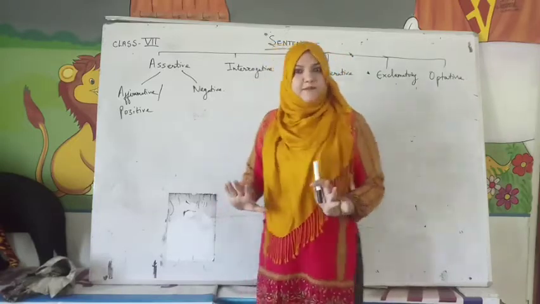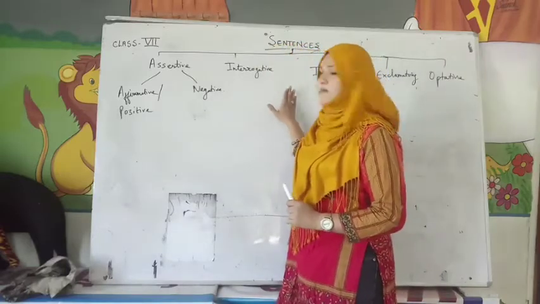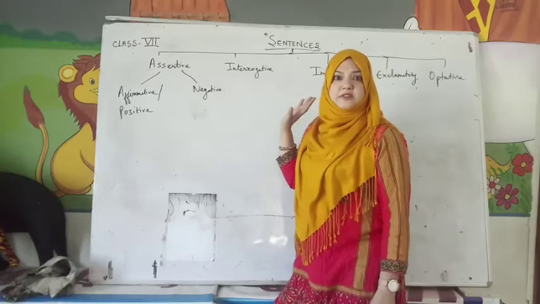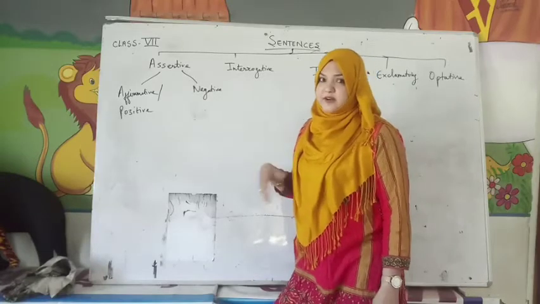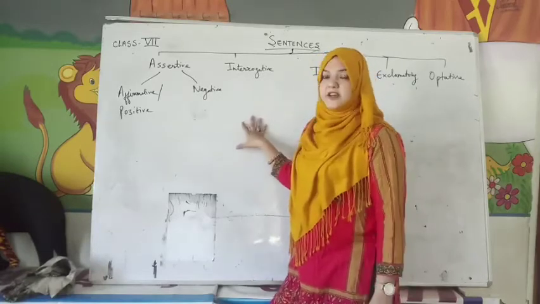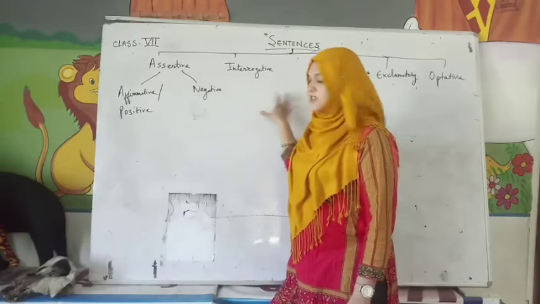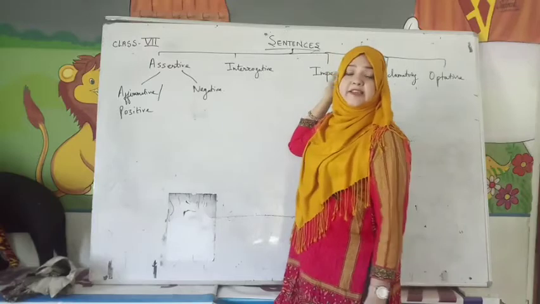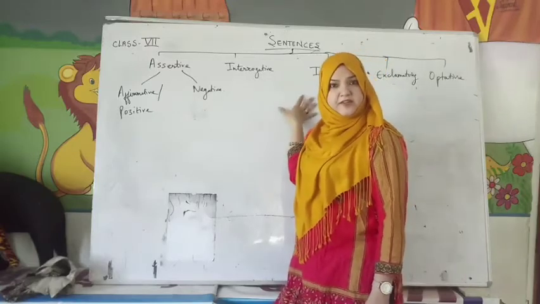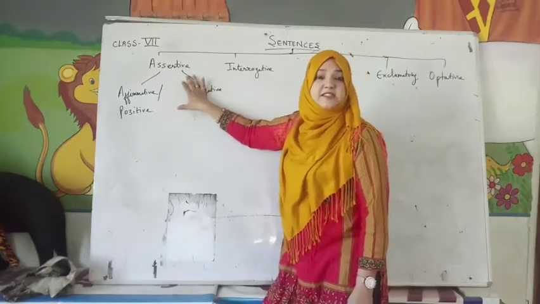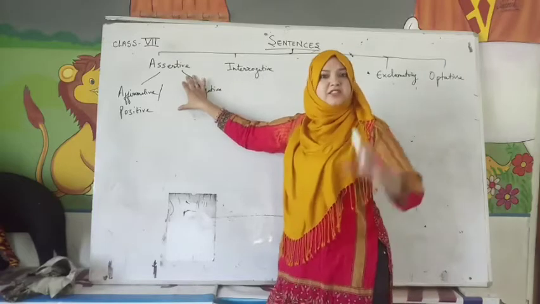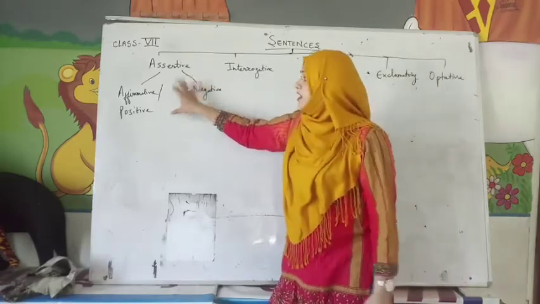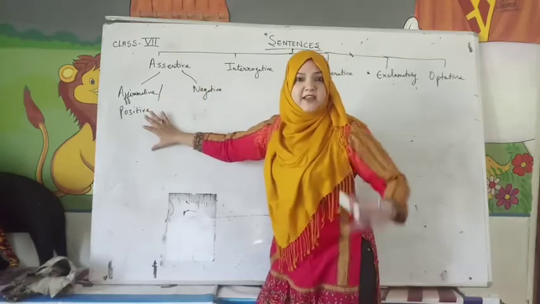बात में समझ आया? Okay, so now we will stop till here. All right, and we will continue the other kinds of sentences in our next class. You should know till here there are 5 kinds of sentences: assertive, interrogative, imperative, exclamatory and optative. Assertive sentences are simple sentences. They start with a capital letter and end with a full stop. ठीक है? They are 2 kinds.